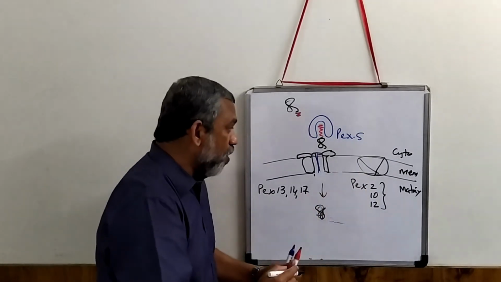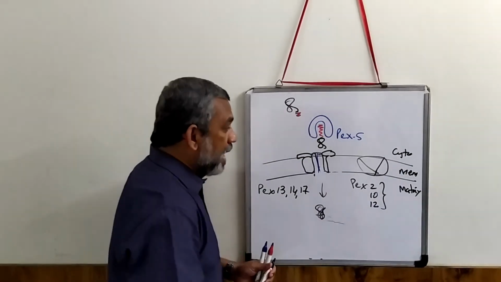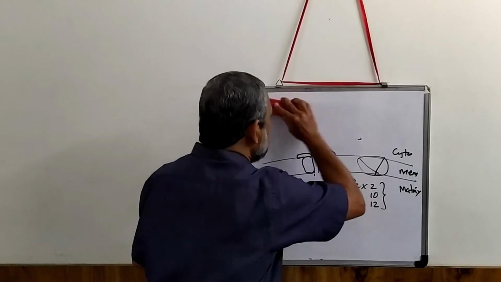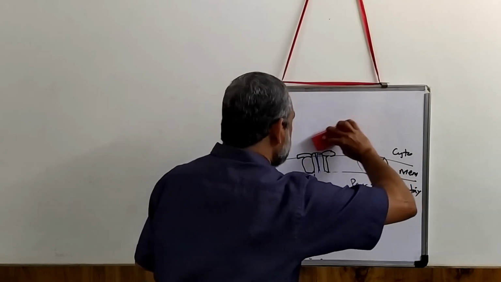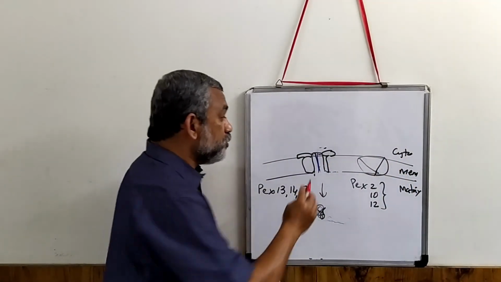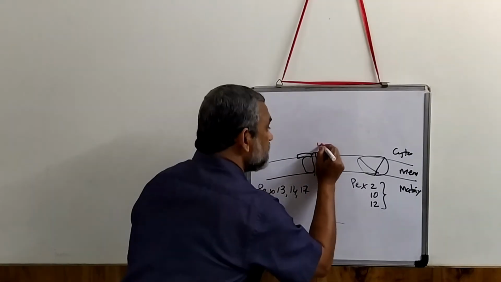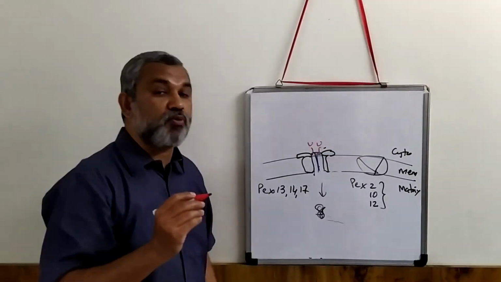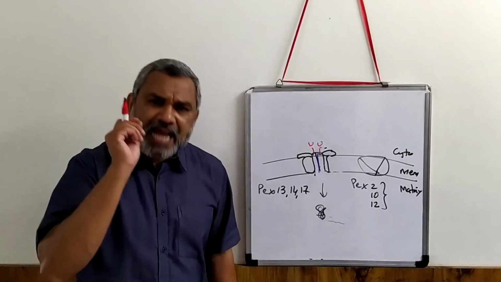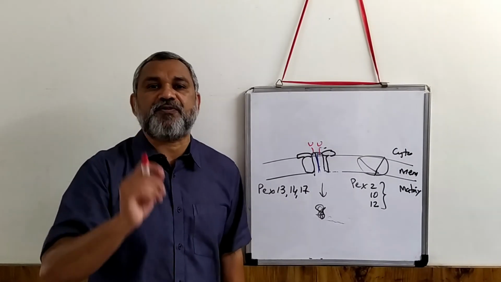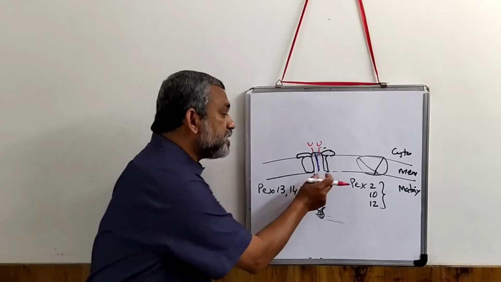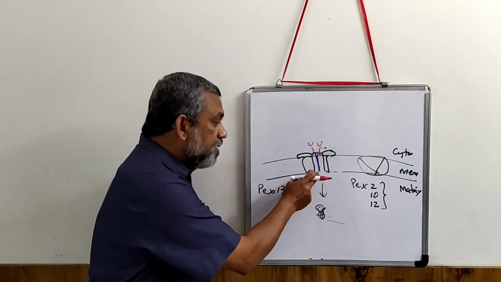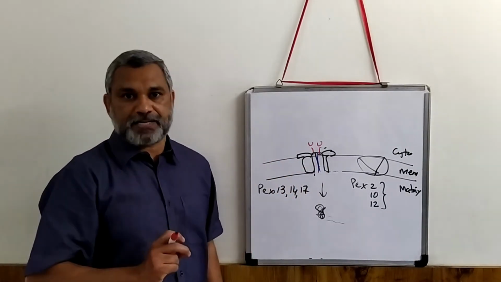The function of this complex is to attach a ubiquitin molecule to this PEX5. It will attach 2 ubiquitin molecules to PEX5. Attaching a ubiquitin molecule to PEX5 is an indication that it has to be separated from this particular complex.